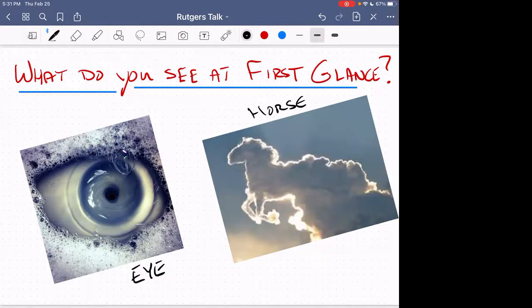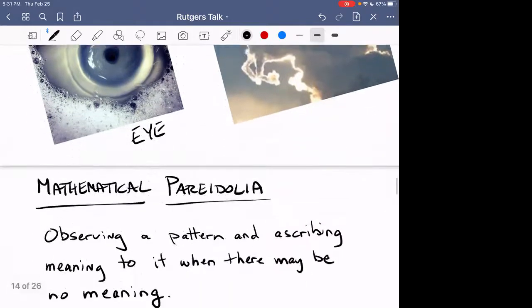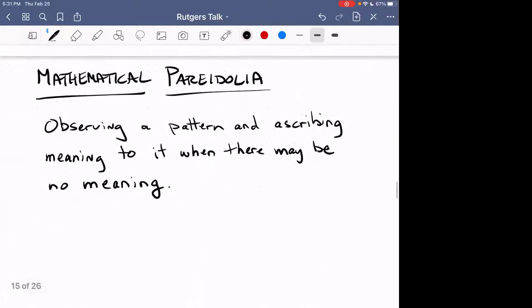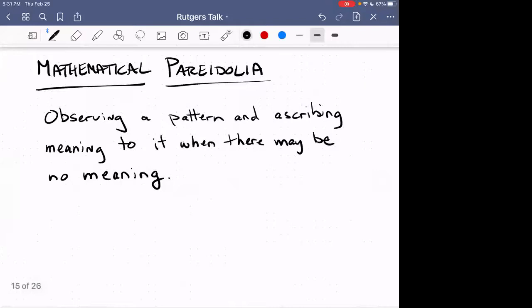And so what you just went through is called pareidolia, and your brain is trying to make sense of something new. It's actually a useful evolutionary technique for us: if we see something, we try to frame it in what we know. But for us, I want to be thinking about mathematical pareidolia.